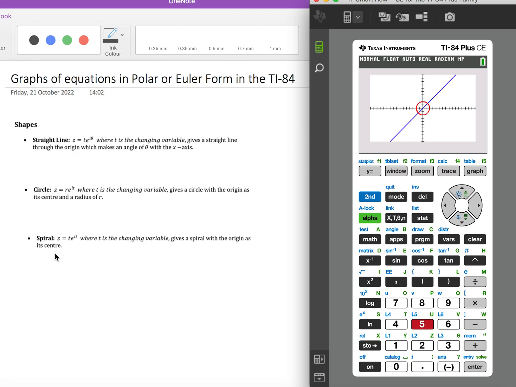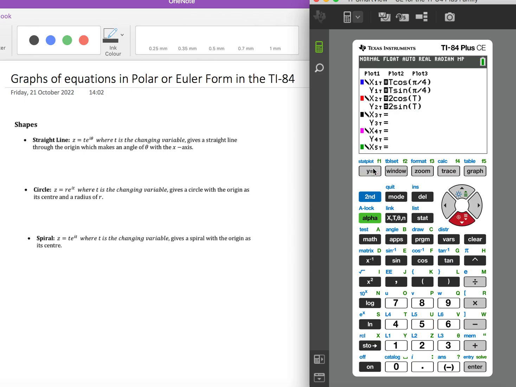The next thing that we are going to graph is a spiral. Spirals are of the form z equals t e to the i t. We could actually have a constant beside t. Let me graph that on the third set. We can say perhaps t cosine of t and then t sine of t.